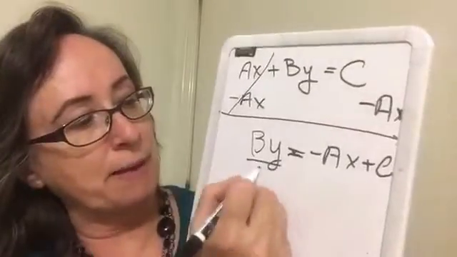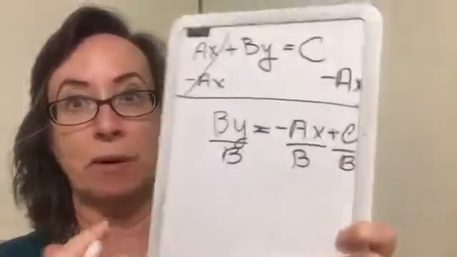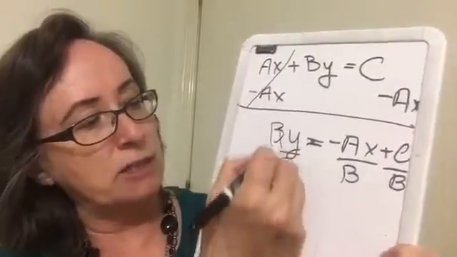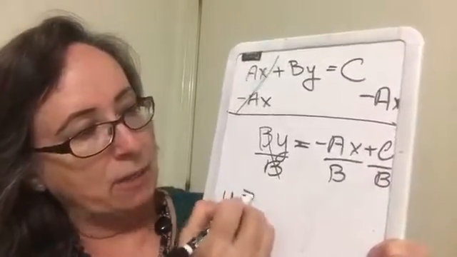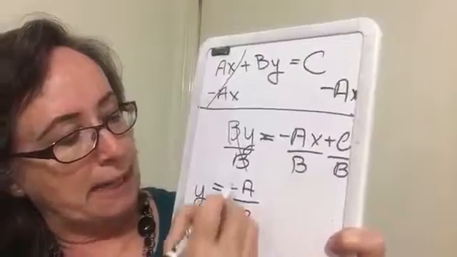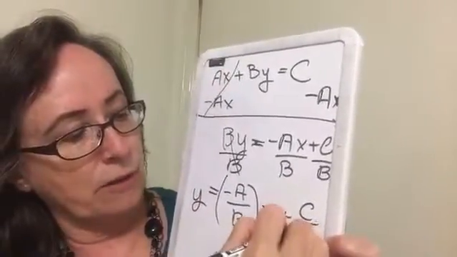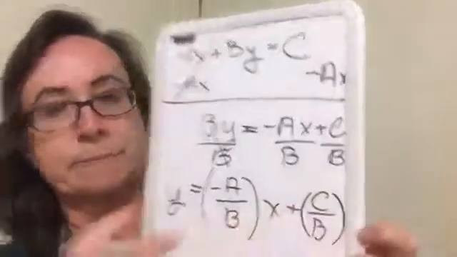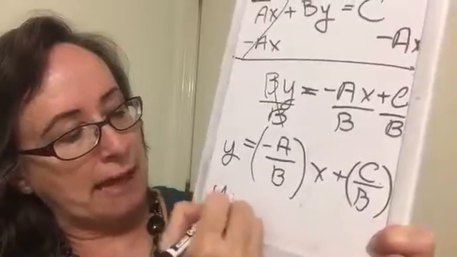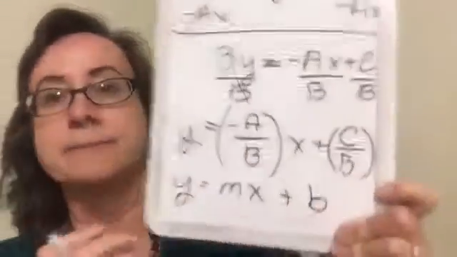So now slope-intercept form has just a y. So I'm going to divide by the b, and divide by the b, and divide by the b. And lo and behold, I have it in slope-intercept form. Because here I just have a y equals. And then I have -a over b x plus c over b. All right, now remember our slope-intercept form of the line is y is mx plus b.